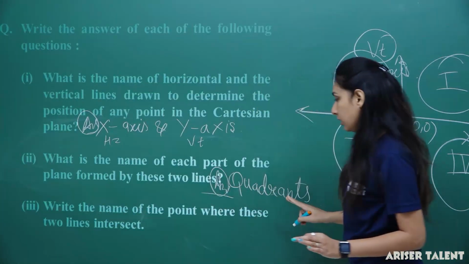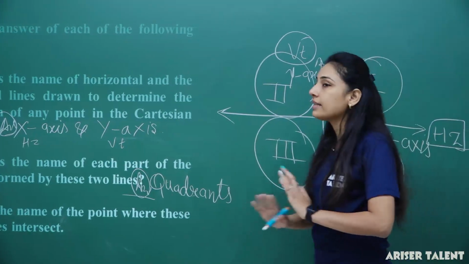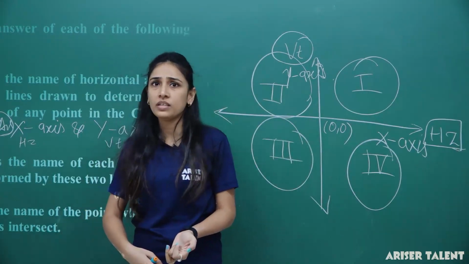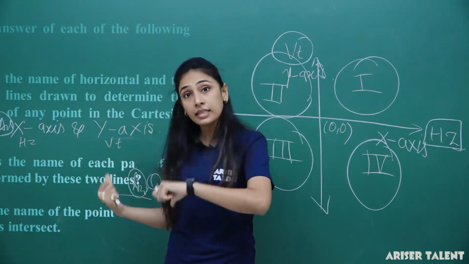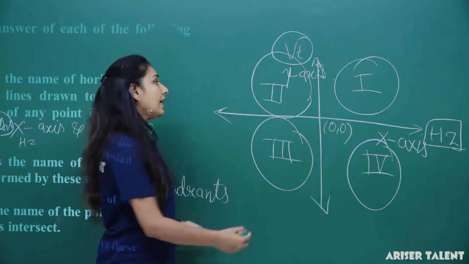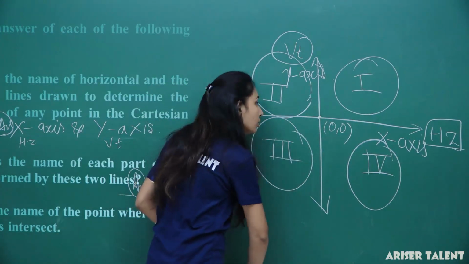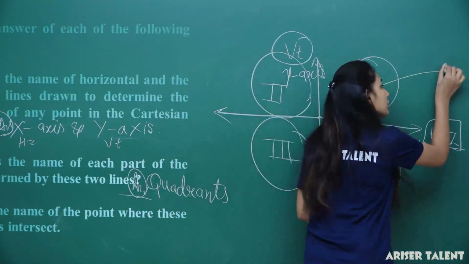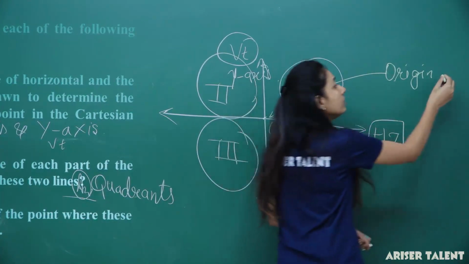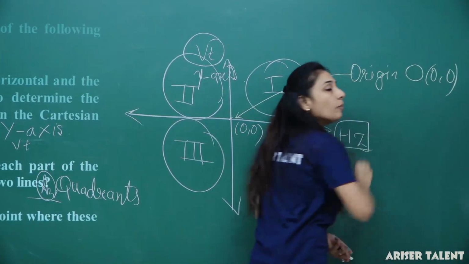Now the next one: write the name of the point where these two lines intersect. I've covered this in the second lecture, and in the first 2-3 minutes of this lecture: this point 0, 0 is your origin, and you denote it with O. The coordinates are 0, 0.